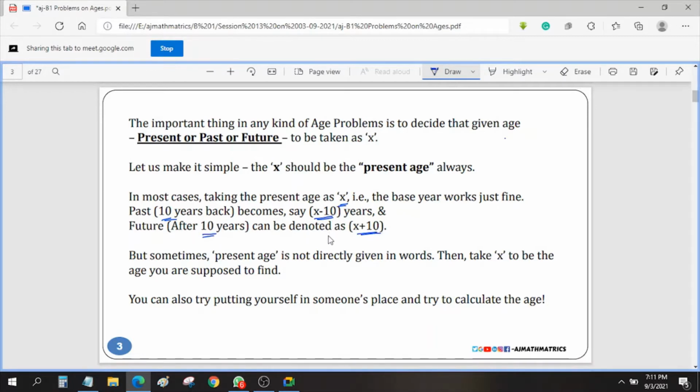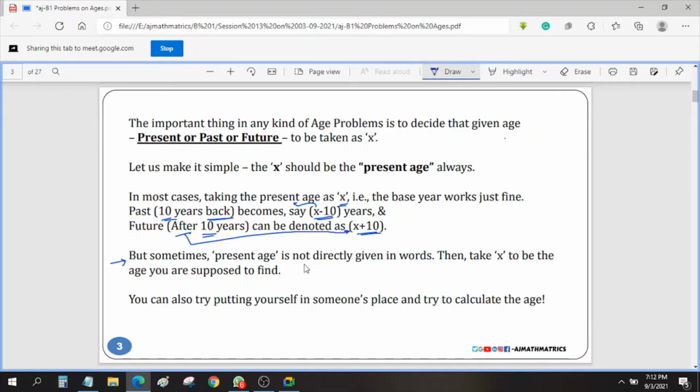Why are we taking minus and why plus? Because minus represents back: 10 years back means x minus 10, as x is the present age. And after 10 years means x plus 10.